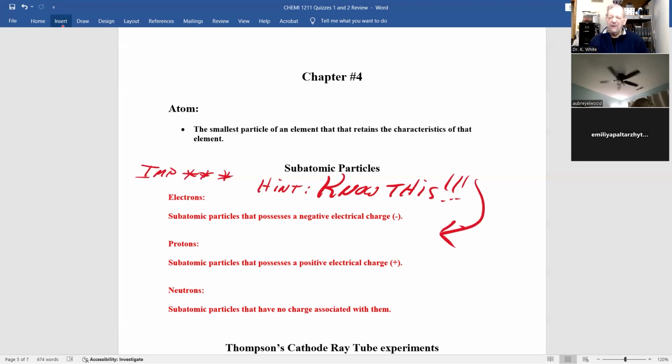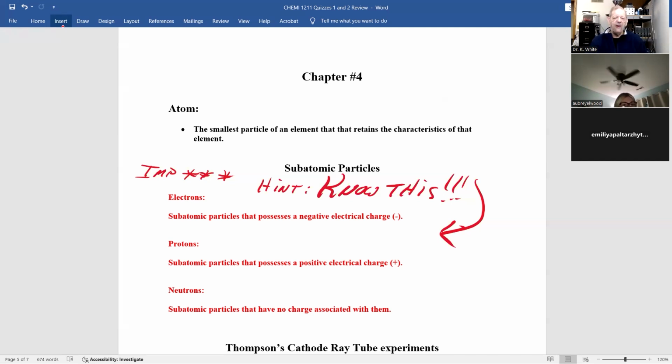Don't you like it when I can be real subtle? Hint, know this. I found out years ago when I was a student, I couldn't read my instructor's mind. And I found out also when I started teaching, students couldn't read my mind. So that's when I started being subtle.